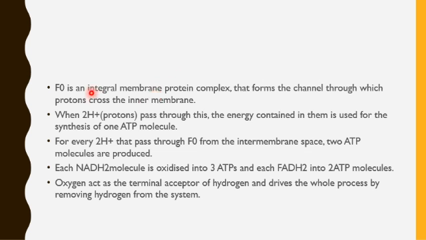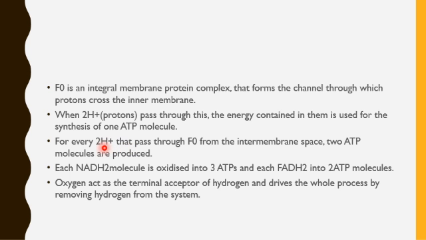F0 is an integral membrane protein complex that forms the channel through which the protons cross the inner membrane. When two hydrogen ions, meaning the protons, pass through this, the energy contained in them is used for the synthesis of ATP molecules.